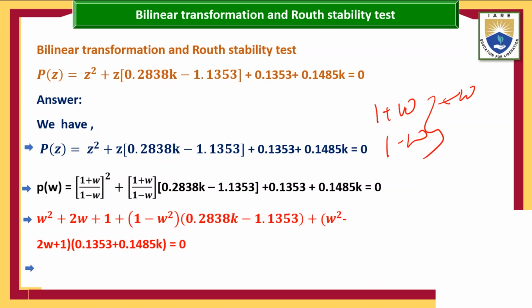Substitute this value here. So, (1 plus omega by 1 minus omega) whole square plus (1 plus omega by 1 minus omega), this value and this value, plus the constant term.